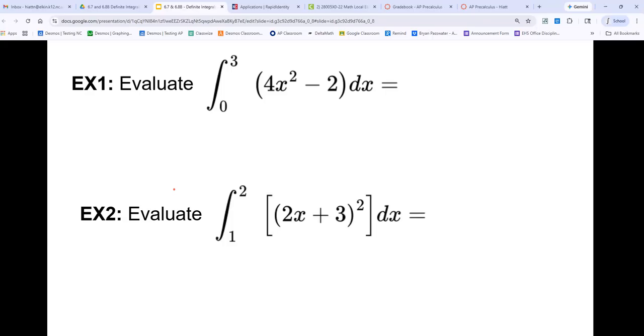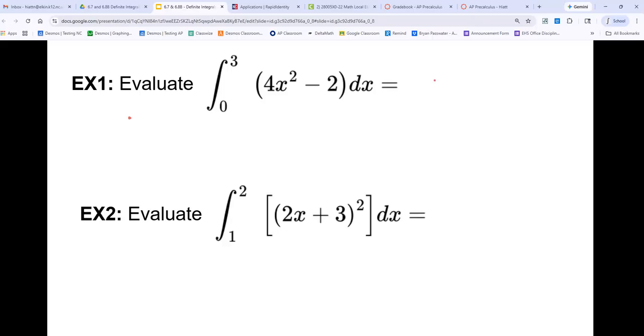If you're doing a problem like we see here, we're going to have to actually integrate right here, right? Because we don't have like f of x. We've got an equation that we have to integrate. So on these, I do like to write that step right there. So we've got to integrate 4x squared minus 2, right?